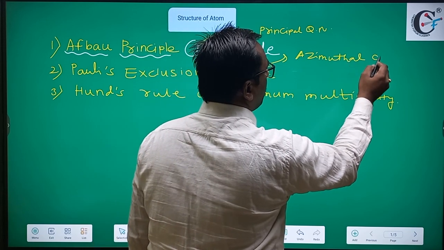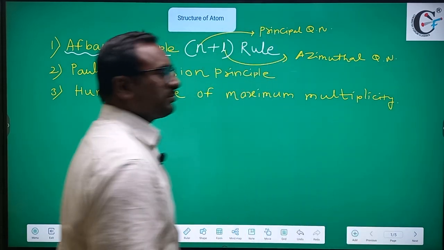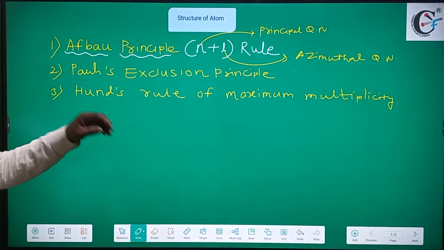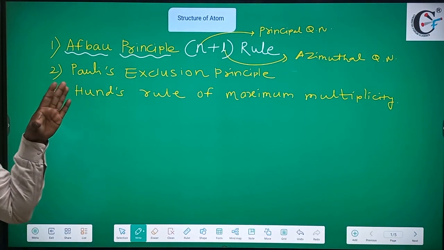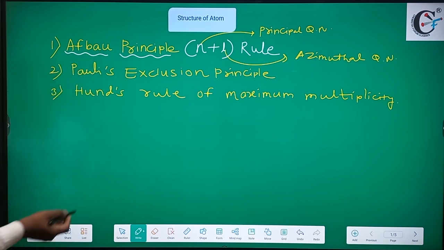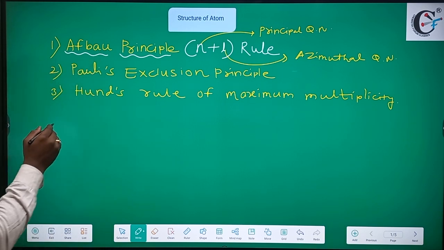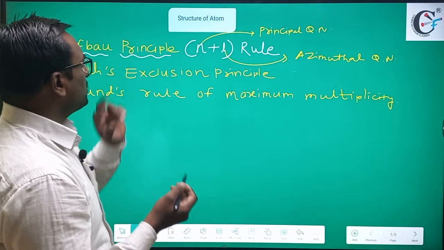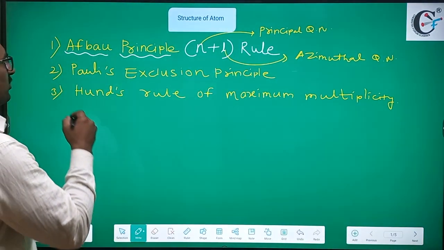Now we will use the n plus l rule, and according to this principle we will write electronic configuration. So let us start, that is how to use this Aufbau principle and how to write electronic configuration.